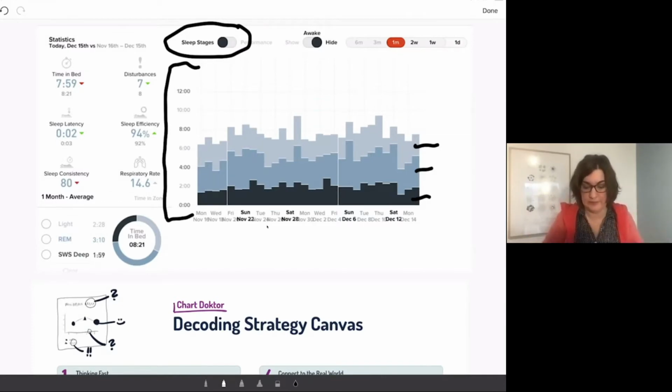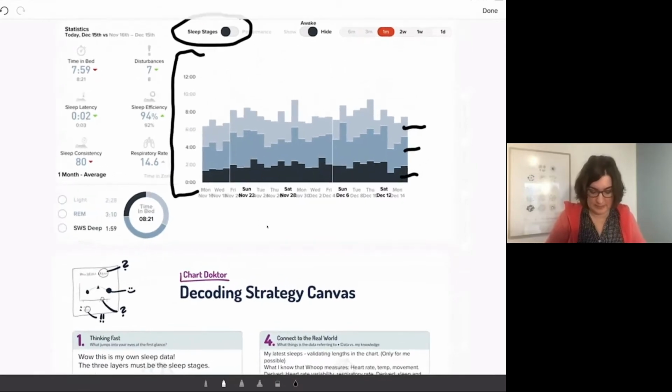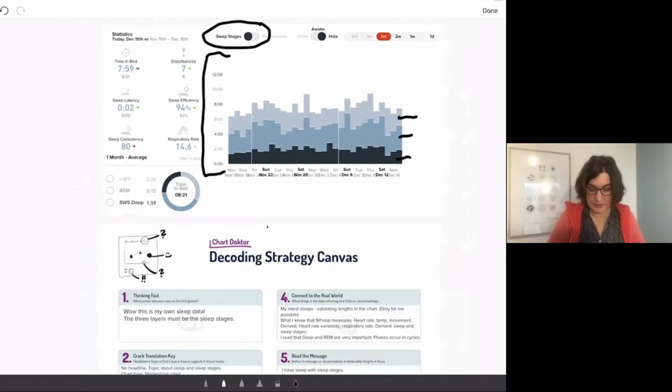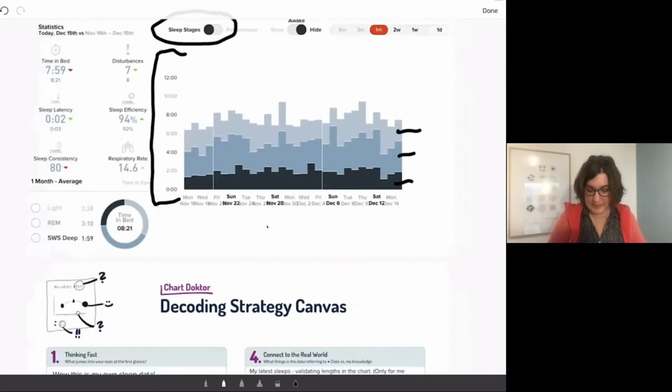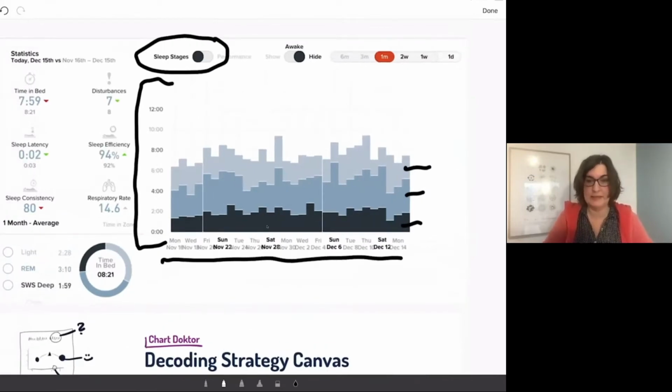Just guesswork, right? And what's the x-axis? I'm guessing this must be days, or in the context of sleep, this must be nights. And also I see on top that I selected 1 month. So I assume that these are the last 30 days of my sleep data.